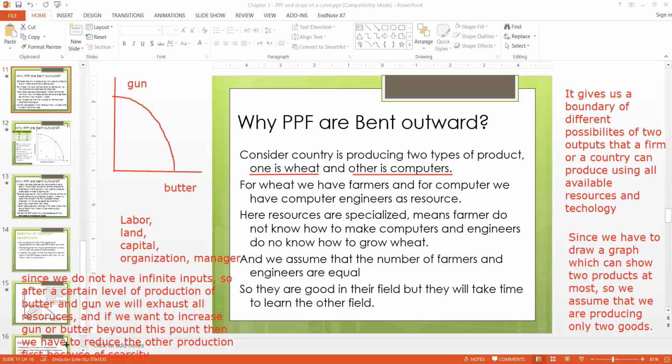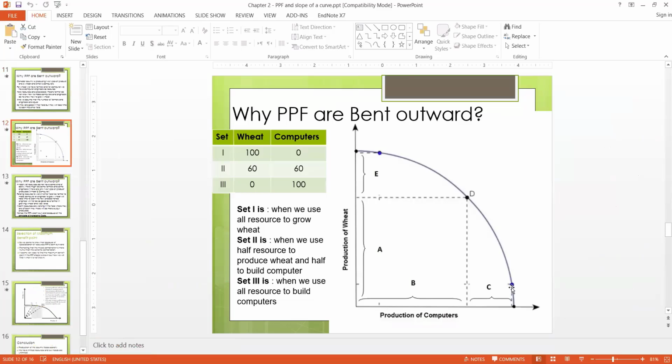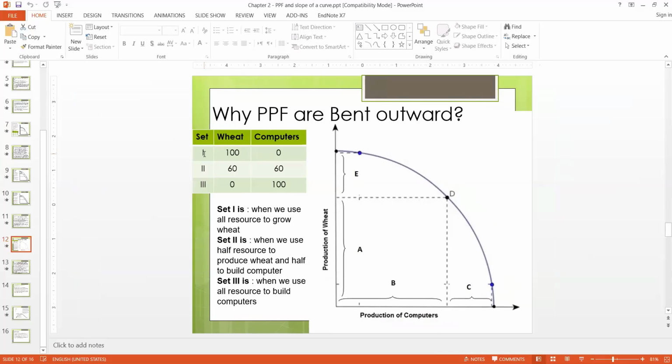So let's move to the next slide and see what it implies in terms of the diagram. So this is the point. Here you can see that, let's assume that in set one, we have forced everyone to, let's write it here. So yes, in set one, we use all the resources to grow wheat.